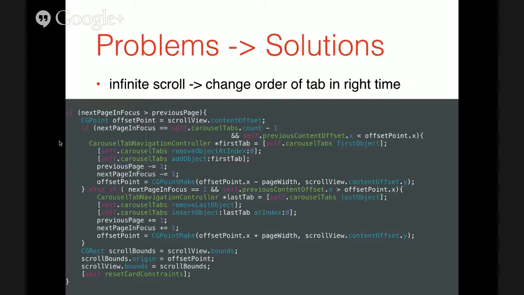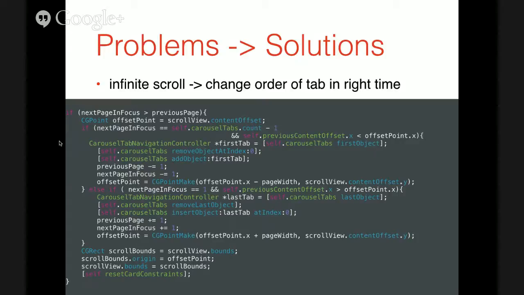Then we check if the next page in focus is the one before the last one, and that our previous content offset is smaller than the current offset. We memorize this previous content offset in order to see in which direction we are swiping right now.